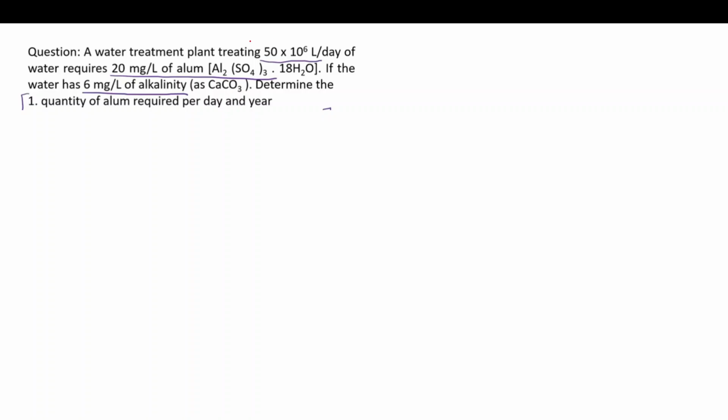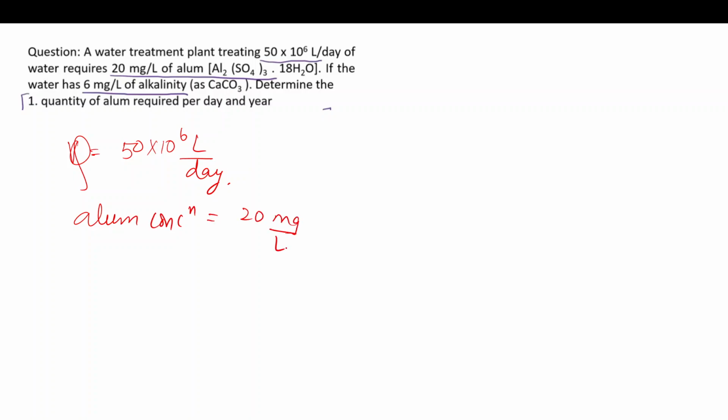And you just need to know the volume of water treated per day, which is given as Q equals 50 into 10 to the power 6 liters, treated in one day. And for that the alum concentration maintained is equal to 20 milligrams per liter. Okay, so per liter you require 20 milligrams of alum, right?